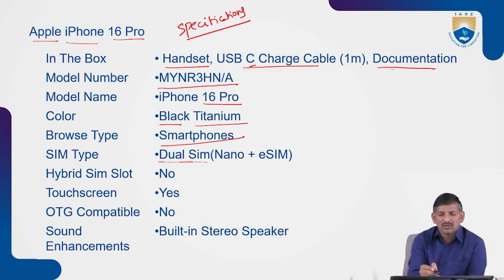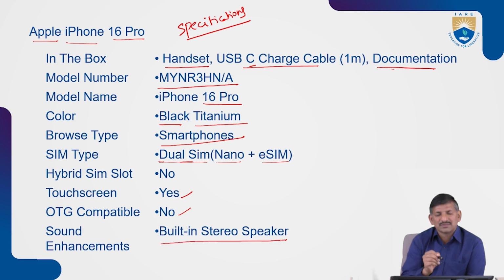Among the dual SIM, one is a nano SIM card, another one is eSIM. That means it doesn't have a physical SIM card, virtually it has a number. We can use that number to make voice calls and all the things. And it doesn't have a hybrid SIM. It supports touch screen. It doesn't support OTG compatibility. It contains inbuilt stereo speakers.